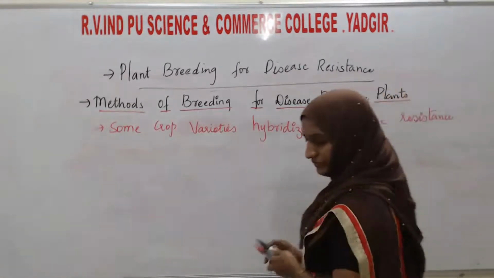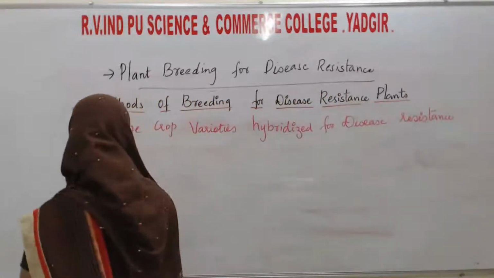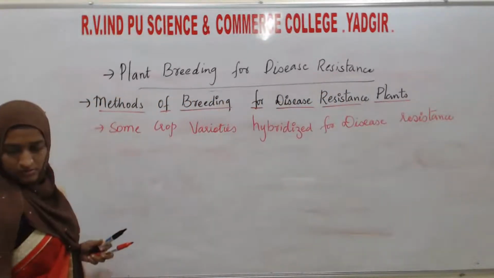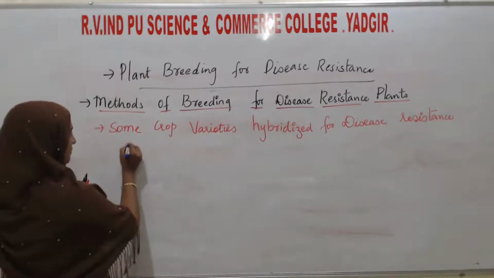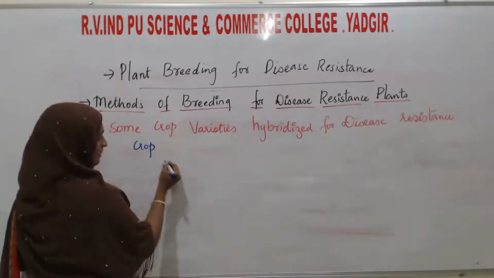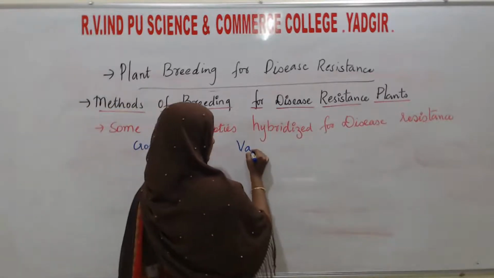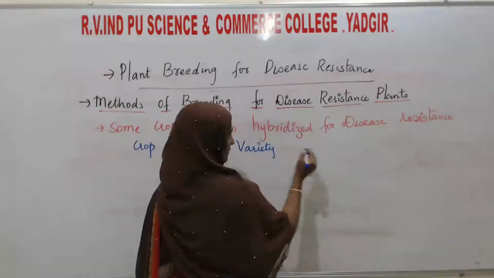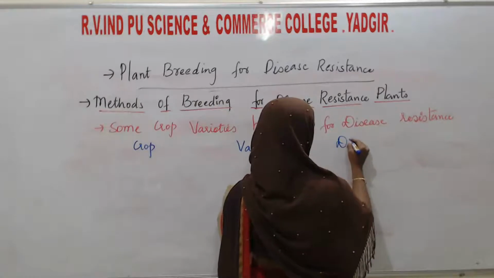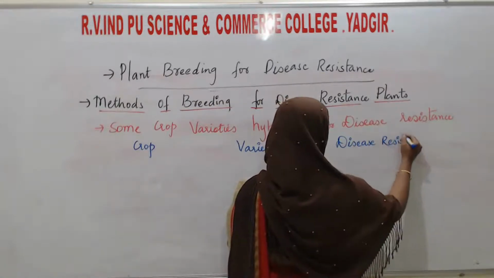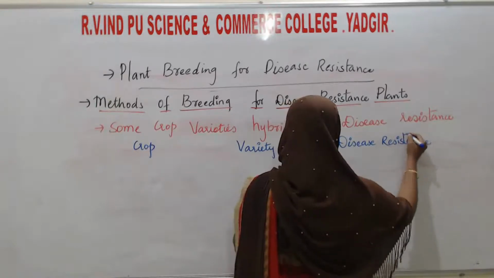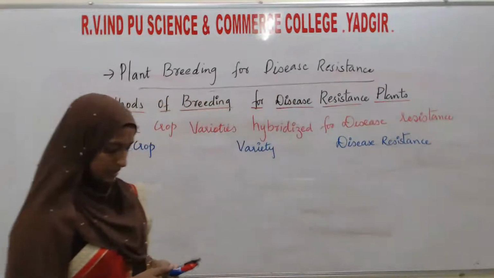Okay, so see here, first crop variety, and last is the disease resistance. So let's see one by one over here.